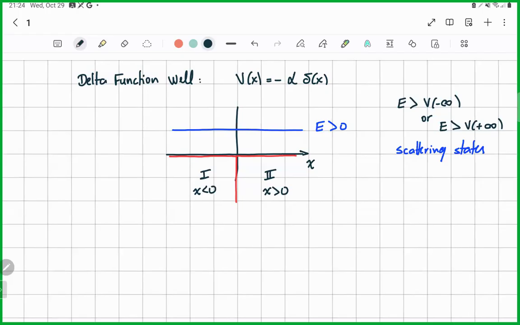Well, region 1, what do we have? Energy is larger than the potential. Good. The particle could be here even if it was a classical system. This is classically allowed.